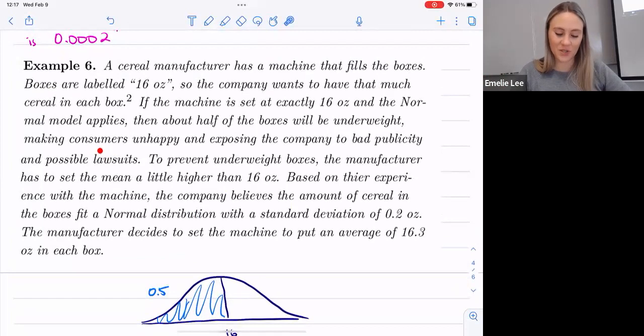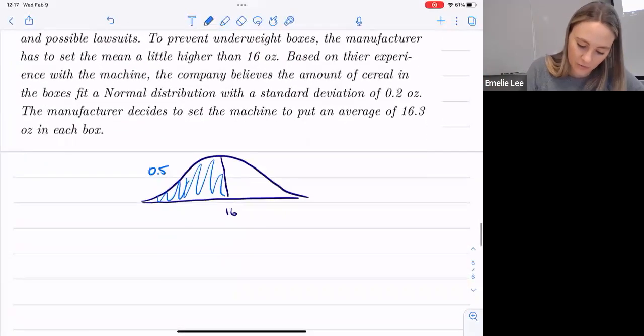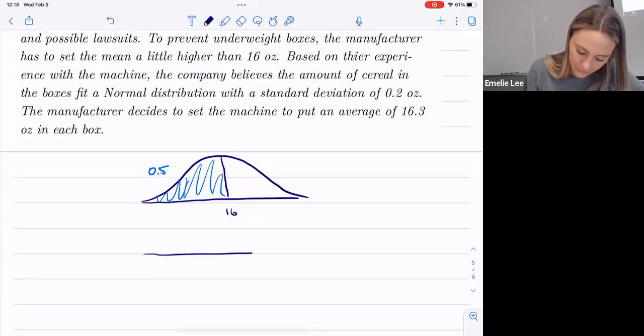Oh yeah, and then it goes on and on, making the consumers unhappy and exposing the company to bad publicity and possible lawsuits. Okay, we get it. To prevent underweight boxes, the manufacturer has to set the mean a little higher than 16 ounces. Because what does that do? Using the same fake scale, here's 16.